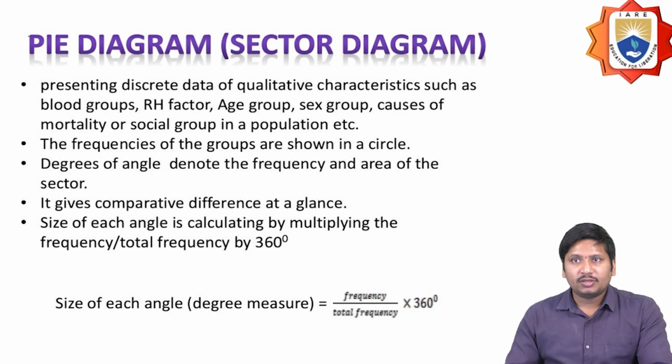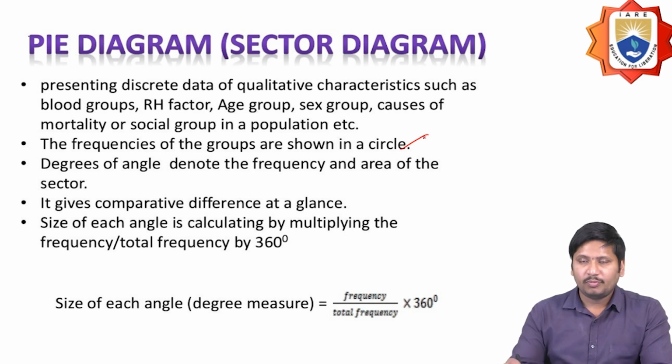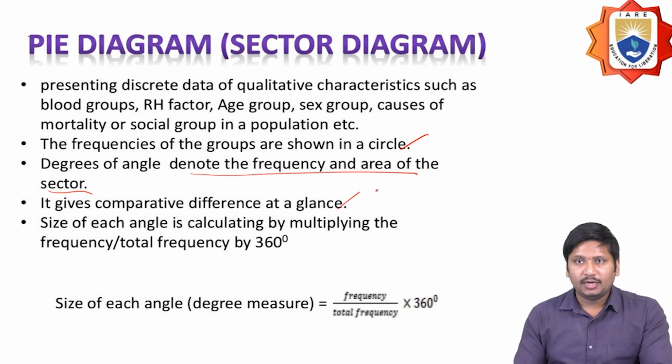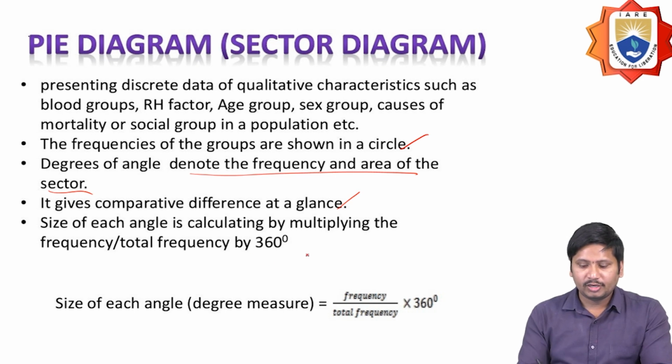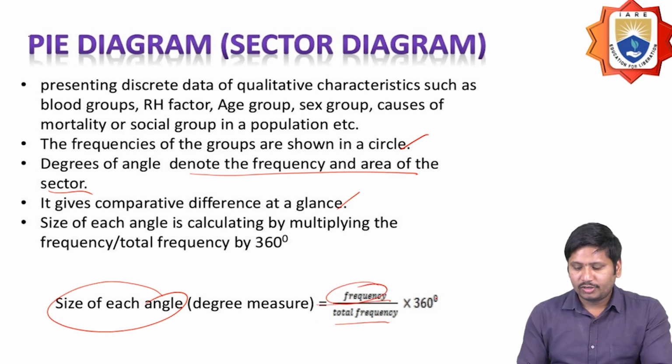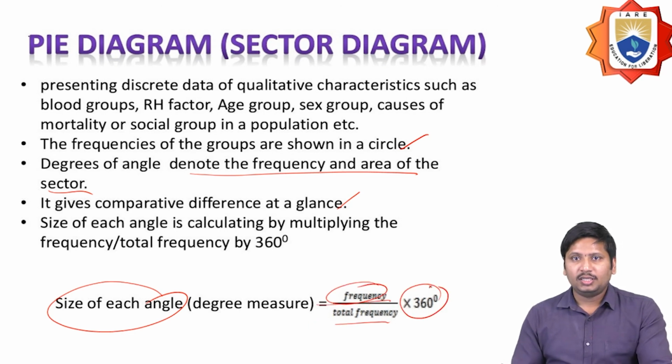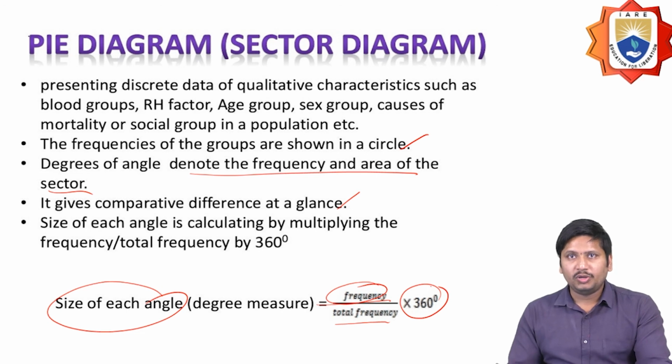The frequencies of the groups are shown in the form of a circle, and the degree of angle denotes the frequency and area of the sector. It also gives the comparative difference at a glance. The size of each angle is calculated as frequency divided by total frequency, multiplied by 360 degrees.